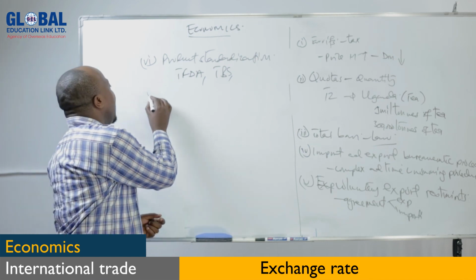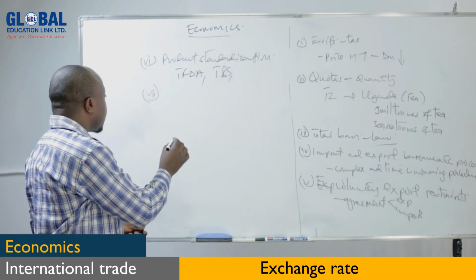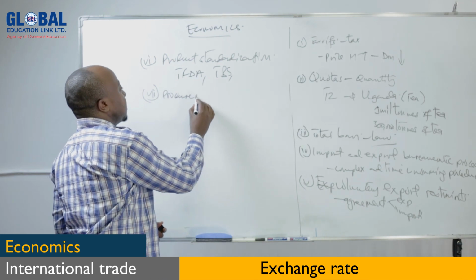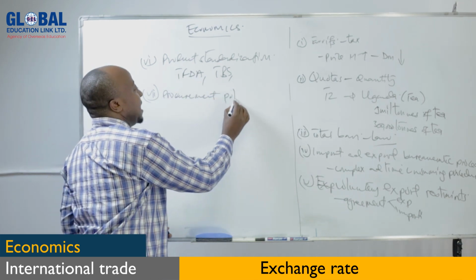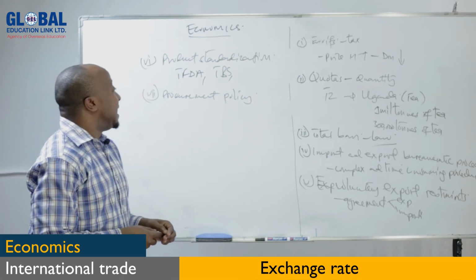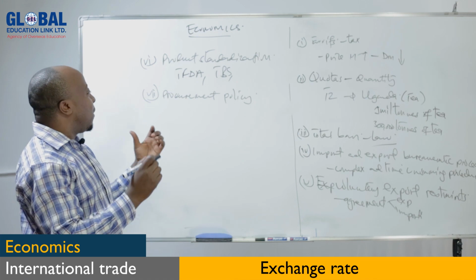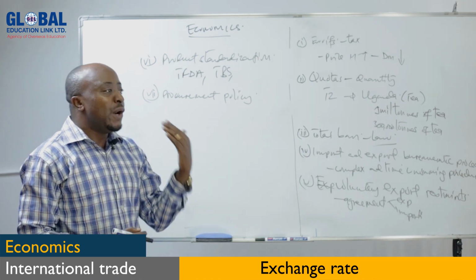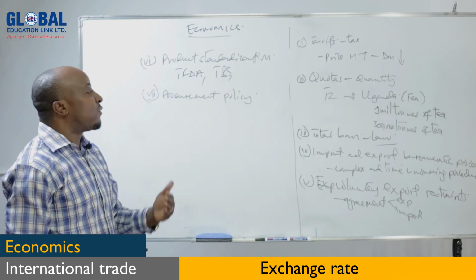And the last one, we have the so-called procurement policy. In procurement policy, the government and all sectors under the government, all departments, can be advised not to buy goods from outside.